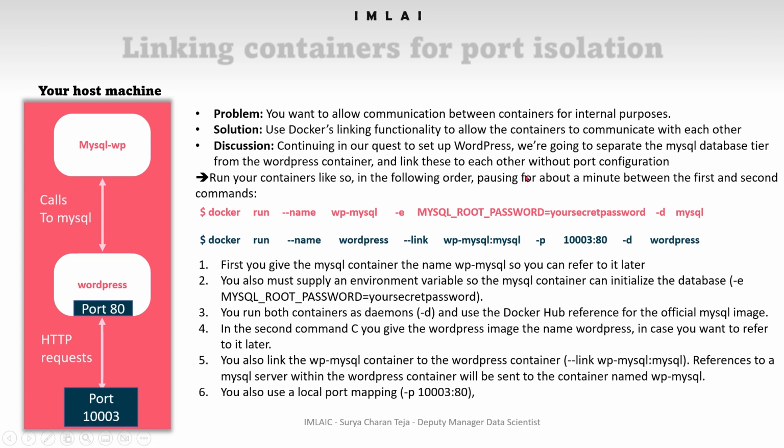I just want to repeat it one more time. When you call this host machine public IP with this port number, at this port number the WordPress container is running. This port number is mapped with port number 80 of the WordPress container.